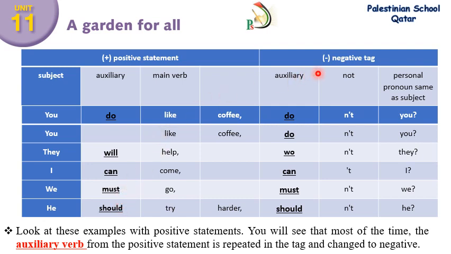In negative tag, do, will, can, must, should. Look at these examples again with positive statements. Let's go to complete.